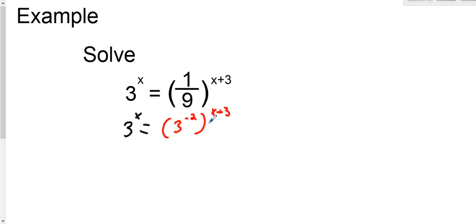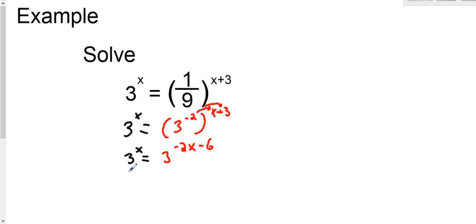Left side stays the same. It is still 3 to the x. The right side, however, we can do the power property, and we can multiply in that negative 2, so this becomes 3 to the negative 2x minus 6 power.